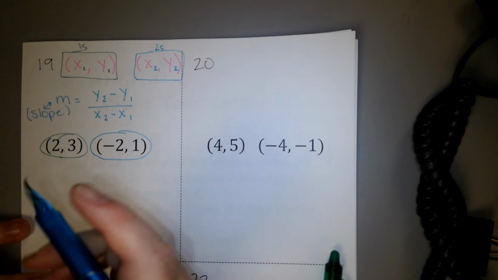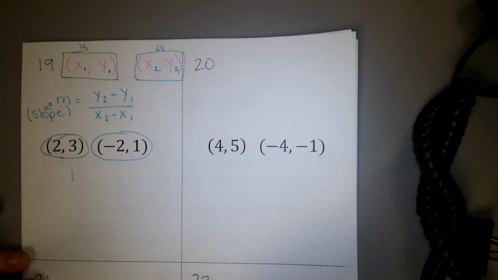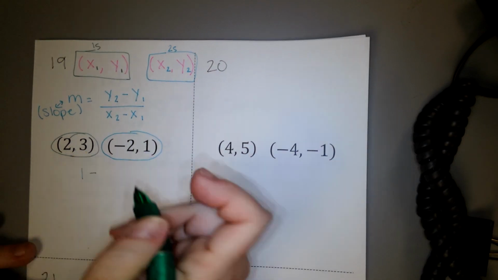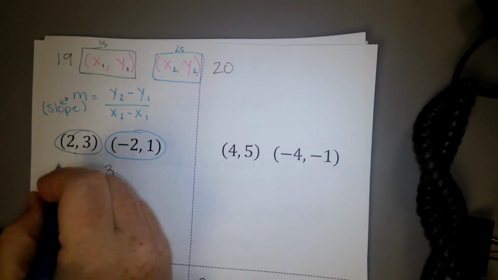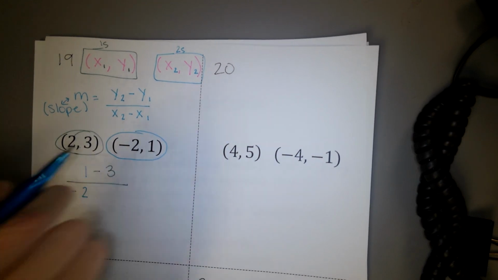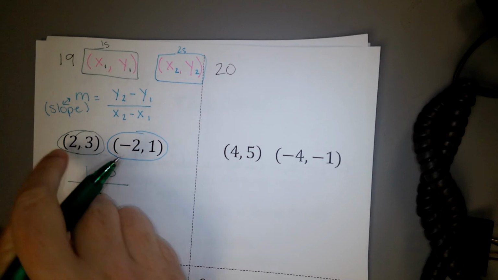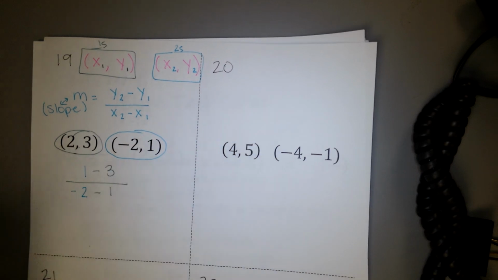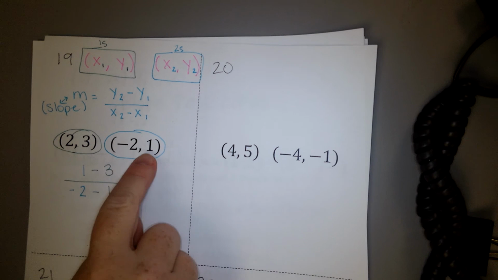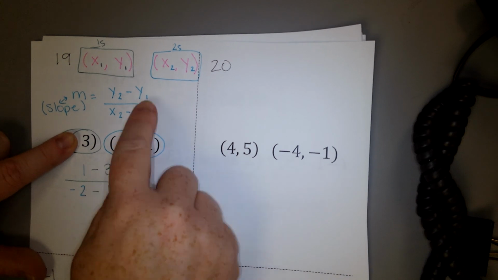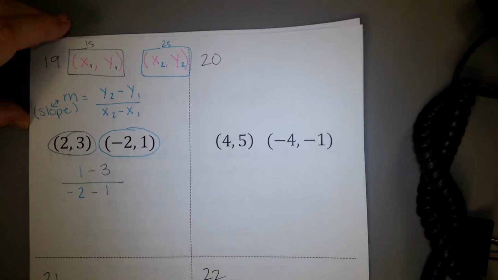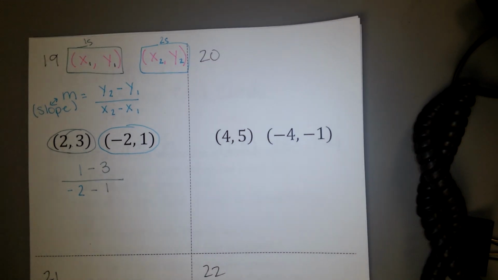So Y2 is 1 minus Y1, which is 3. X2 is negative 2 minus X1. And it is minus because it's changing something. What's the difference between these 2 points?